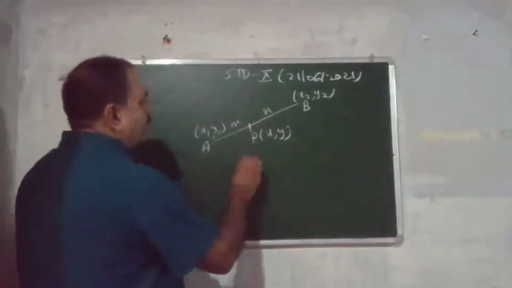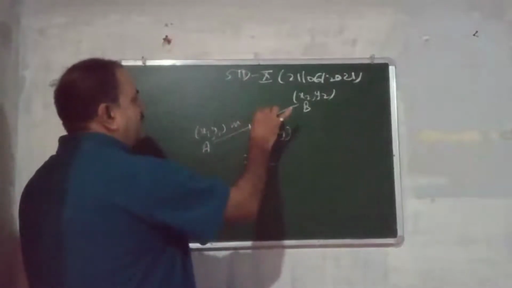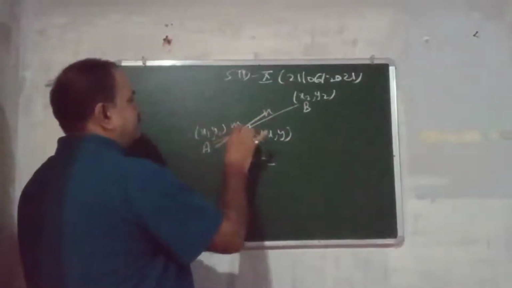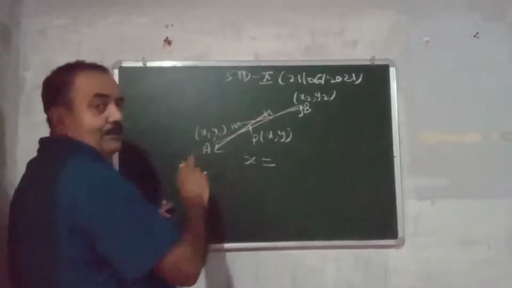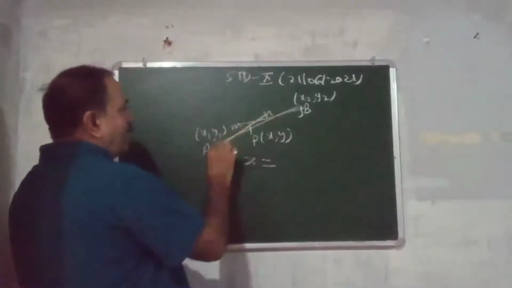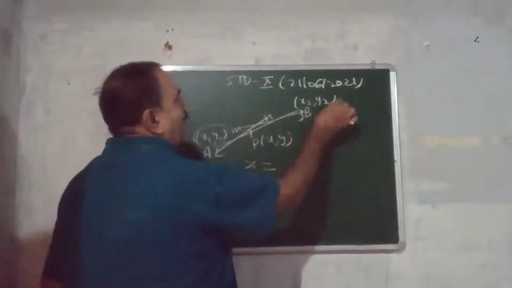So how to read the x coordinate? Cross multiply: n will be multiplied by x1, y1 and m will be multiplied by x2, y2.